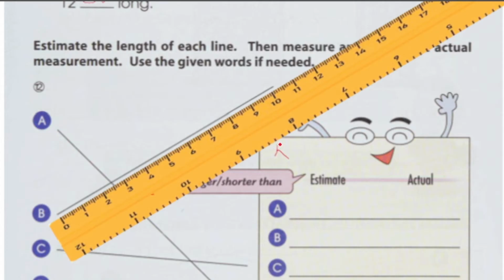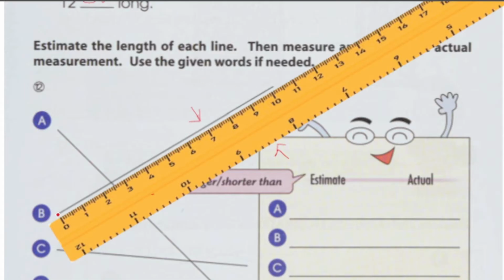From this side, these are inch marks, and from this side, these are centimeter marks. So this is 0, 1 centimeter, 2, 3, 4, 5, 6, 7, 8, 9, 10 centimeter. And it is around 10.2 centimeter.